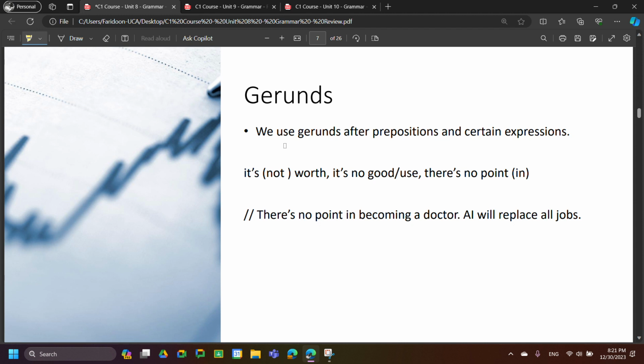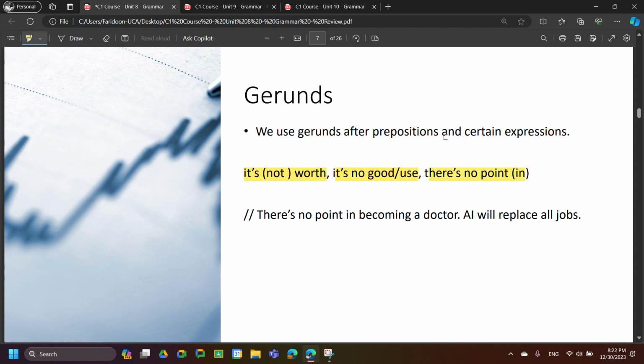Okay, we also use gerunds after prepositions and after certain expressions. Example, we have it's worth or it's not worth. This is one expression that after it we mostly use a gerund. It's no good or it's no use, again, plus a gerund, another expression, and there is no point in.